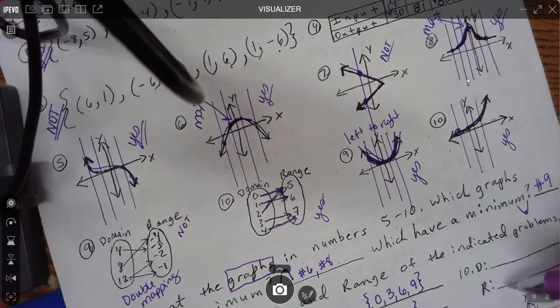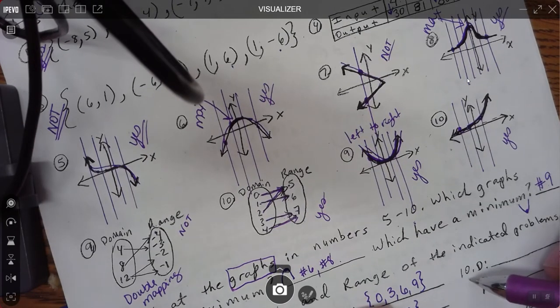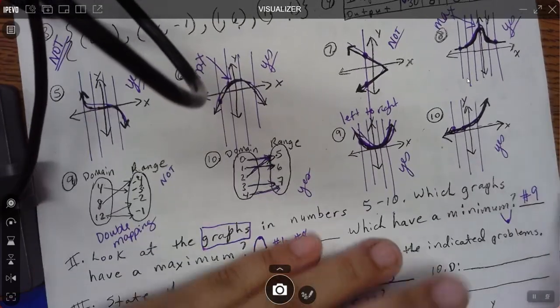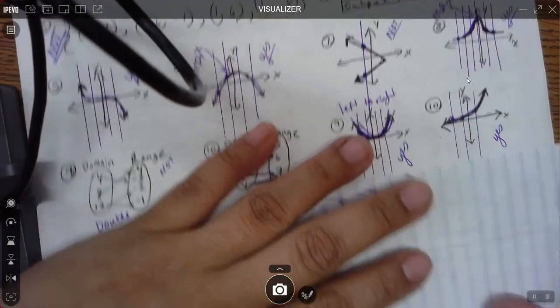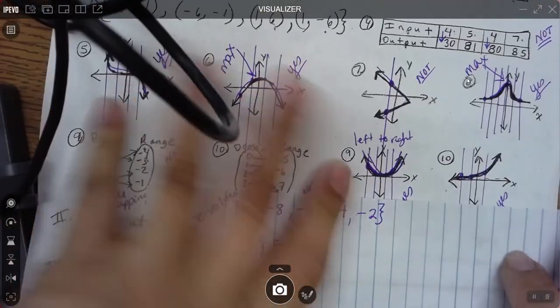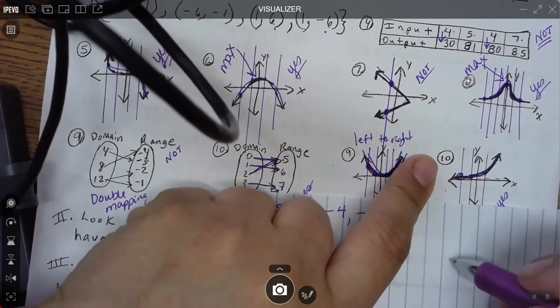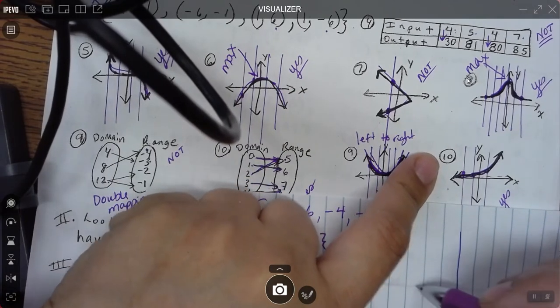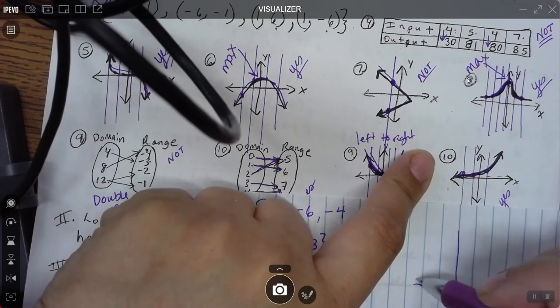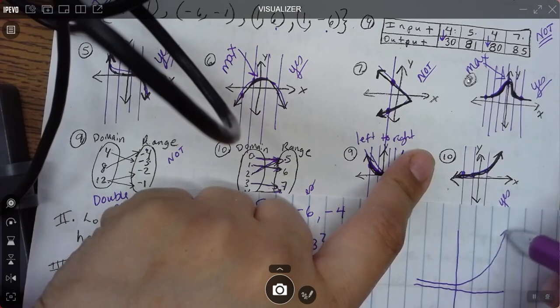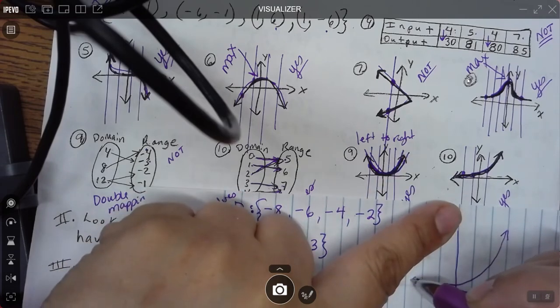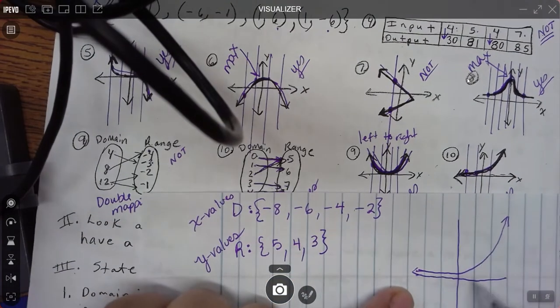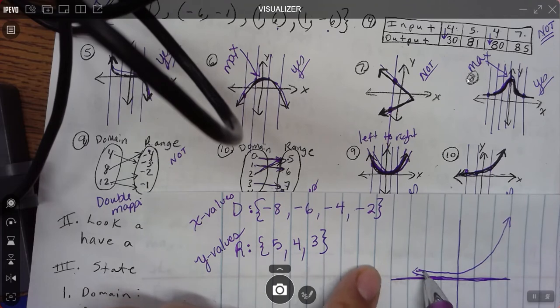All right. And then the domain and range for number 10. Ooh, which is a continuous function. So when we look at this graph right here, number 10, it's doing this. Now over here, it's going to forever approach the y-axis, but it's never going to cross it.